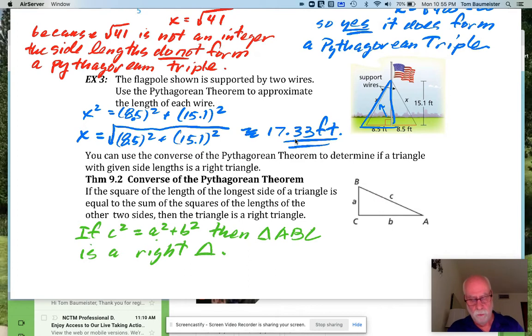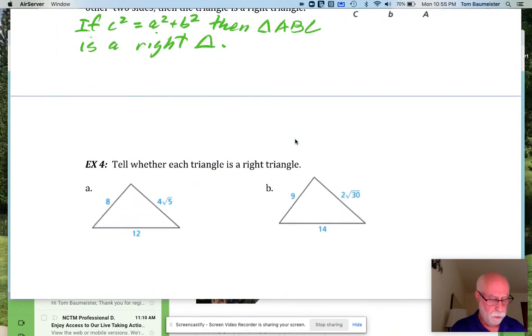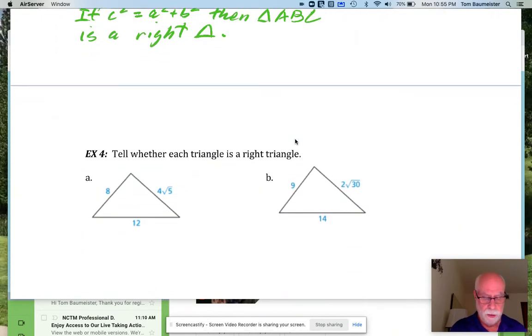So that's saying we would be able to put a right angle symbol there at C. All right. So example 4, tell whether each triangle is a right triangle.